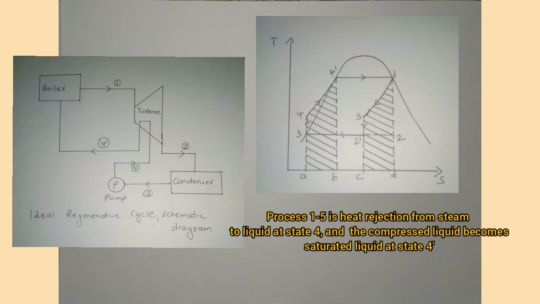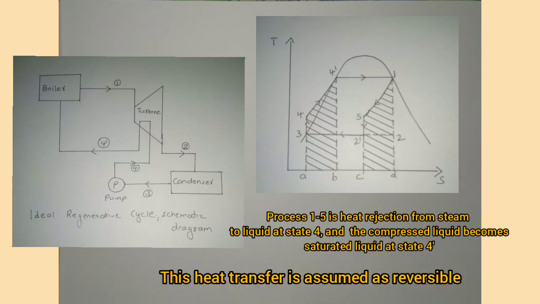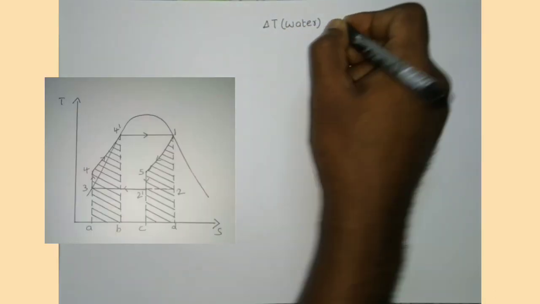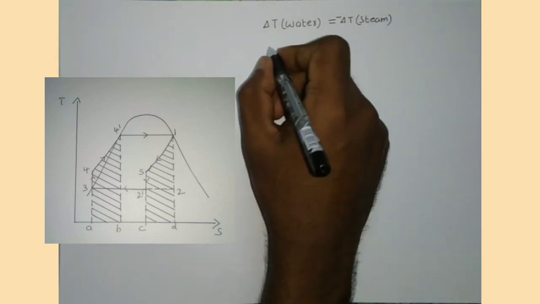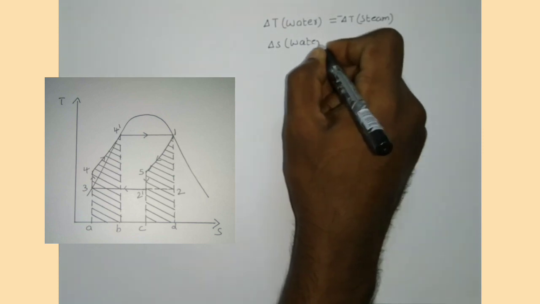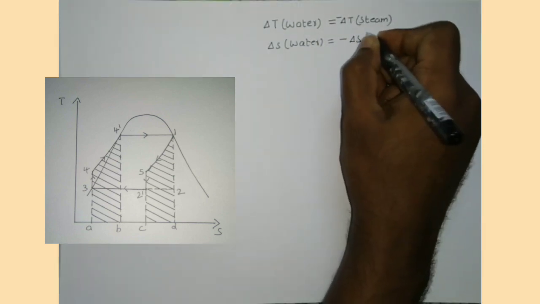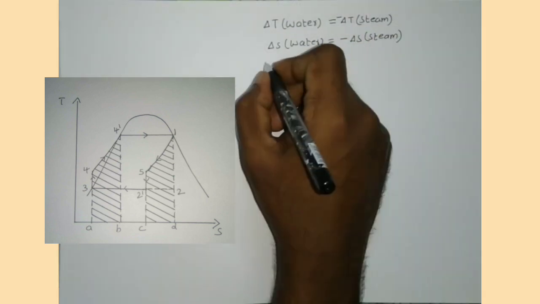Therefore, in this cycle, compressed liquid becomes saturated liquid by absorbing heat from steam flowing through the turbine. We can assume reversible heat transfer. And therefore, we can write temperature gained by water equals temperature lost by steam. And entropy gained by water equals entropy lost by steam.